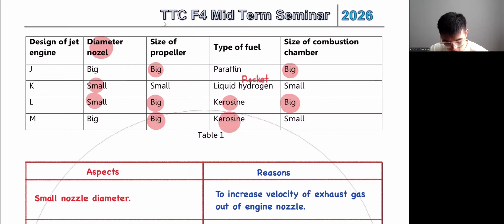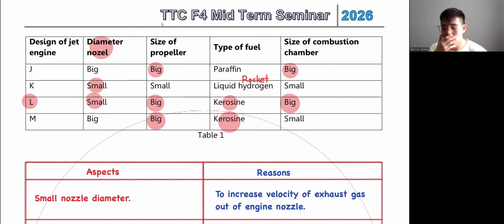You can see other engines, like engine K. Engine K only has one good characteristic. Engine J and M both have 2 good characteristics. But engine L has all the good characteristics. And that's why you choose jet engine L, right?